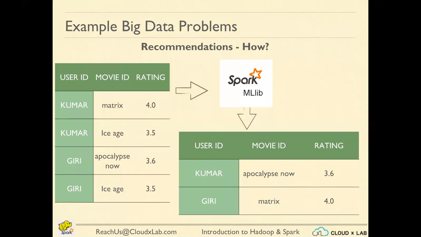Spark MLlib, for example, can process billions of records happily and give you the results really well. That uses many computers simultaneously in order to give you good results.